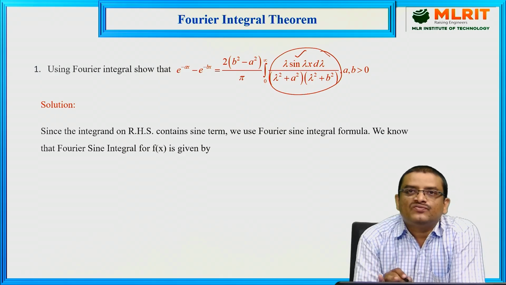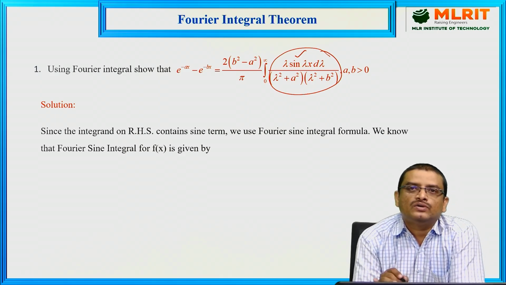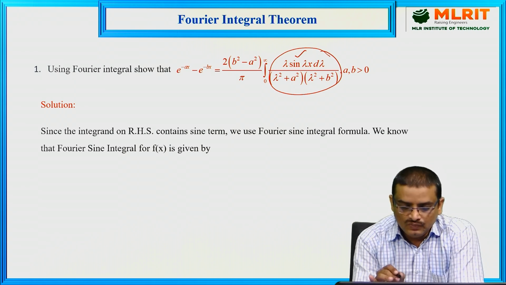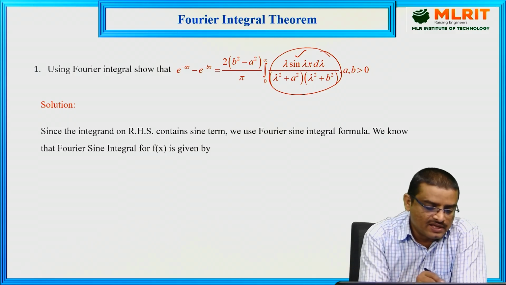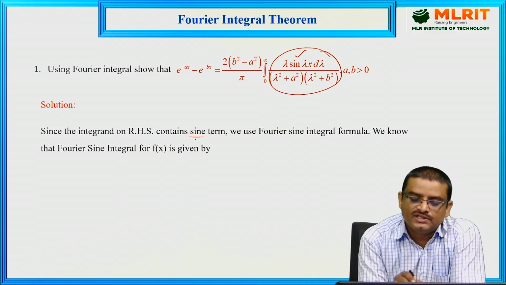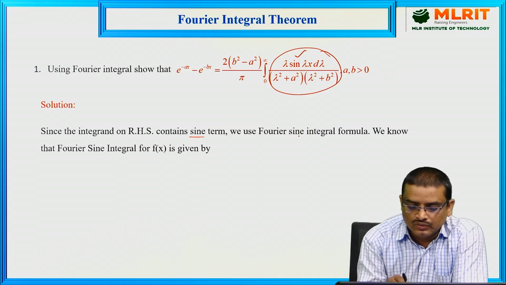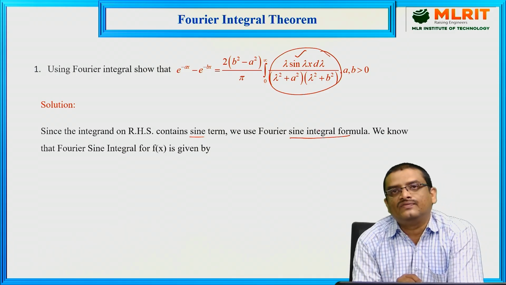Now based on this function we have to decide whether to go for the Fourier sine or Fourier cosine integral formula. So since the sine function is involved in the integrand, this is in terms of sine, so we have to go for the sine integral formula.